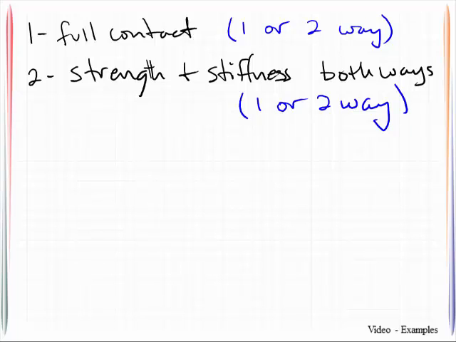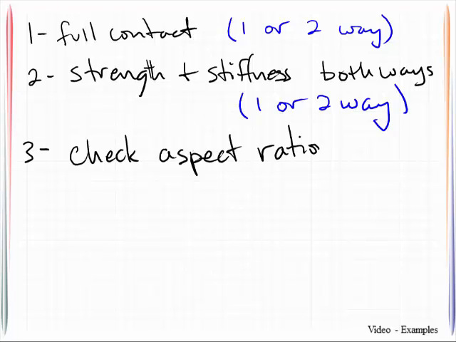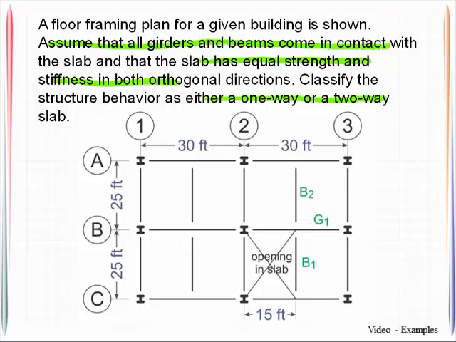So we are now being required to go into the third check, which is to check aspect ratio. Okay, so in order to do this, we need to go back to our floor framing plan. And I want you to just choose a random location.